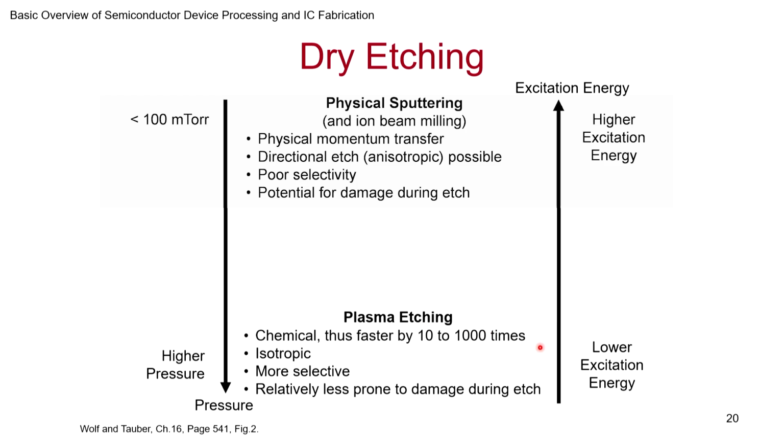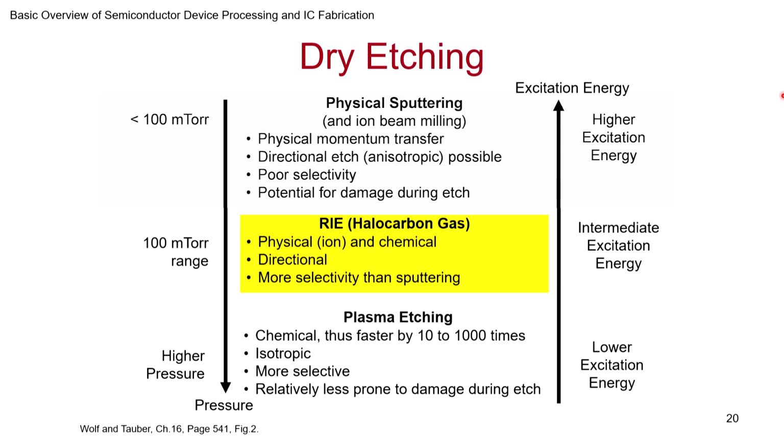The other is fine chemistry based, but the physical brute force method can ensure it is more anisotropic, whereas plasma etching will be isotropic. Can you mix and match? That's indeed what engineers do. They took the best of both worlds and ended up creating what is known as reactive ion etching. Usually halocarbon gases are used. Here you use physical ions and also use the chemistry.